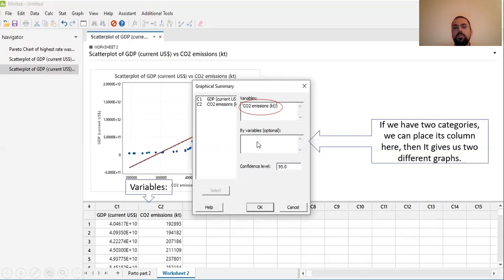In this part, we use it when we have a mix of several gases in one column and we want to get a different type of chart independently for each one. But here, we just have one type of gas, CO2 emission. So we just select this one and leave it empty.